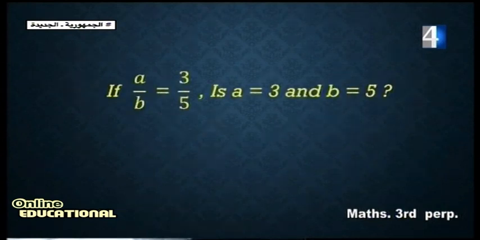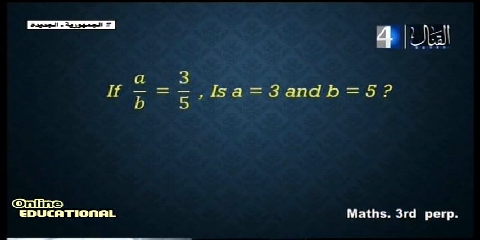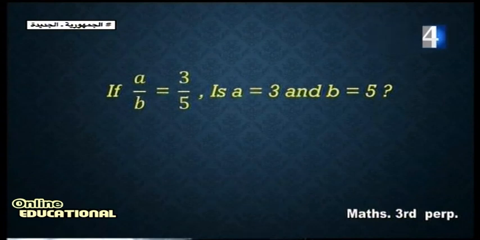Now, if A over B equals 3/5, is A equal to 3 and B equal to 5? Try to think. Of course not. Why? Because the ratio 3/5 may have its antecedent and consequent multiplied by 2, so A will be 6 and B will be 10.